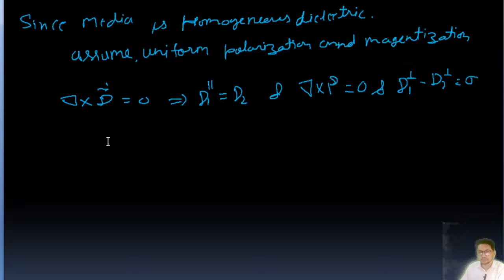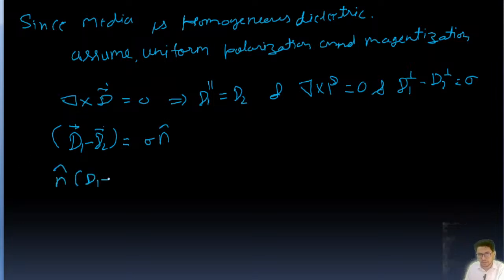So this implies d1 minus d2 vector is going to be sigma n cap, or we can write n cap dot d1 minus d2 equal to sigma, right?